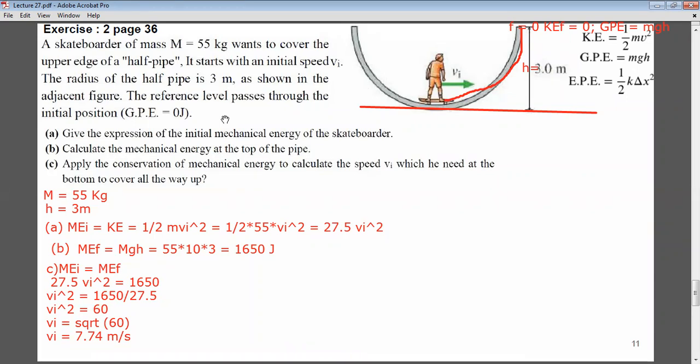Then we reviewed kinetic energy, gravitational potential energy, and elastic potential energy, and we introduced mechanical energy, which is the sum of the three. Sometimes it's only one of them, depending on what forms of energy exist. And we solved exercises on all the concepts in order to practice these equations.